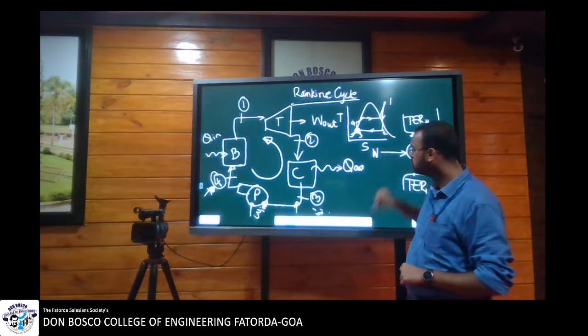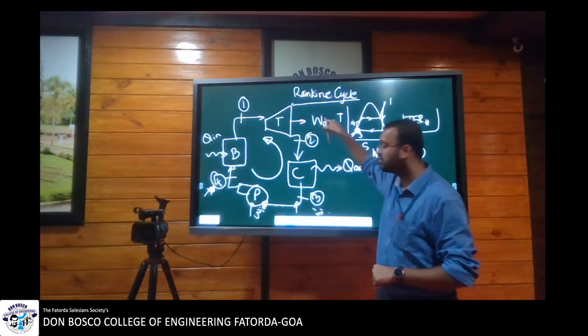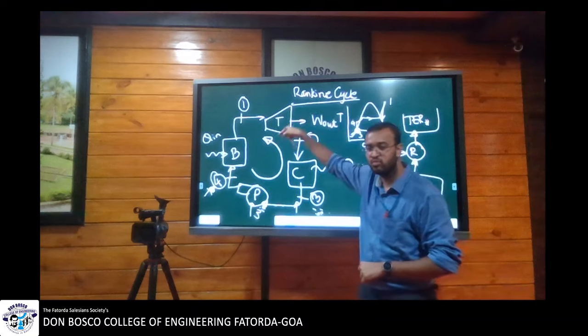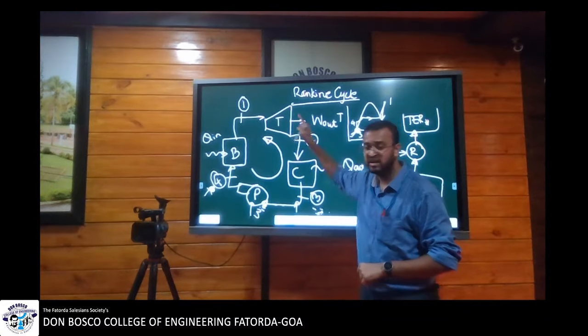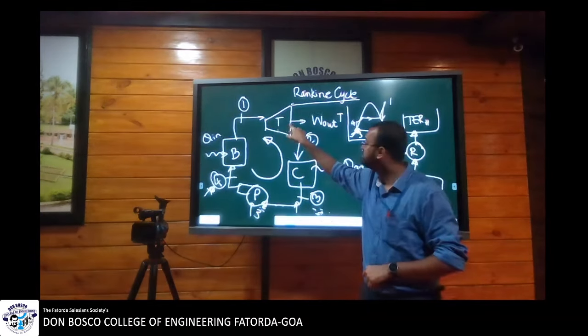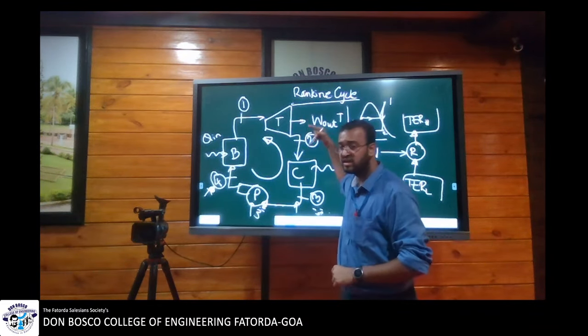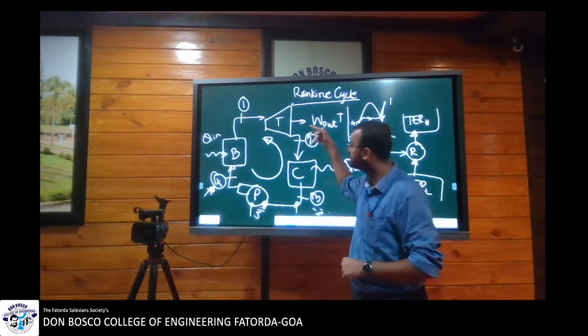Now at 2, instead of extracting work output, we are going to insert work. We are going to put work in, and instead of a turbine, now we have a compressor. This is no longer a turbine, now it is a compressor because it's working in reverse, right? Everything is in reverse.